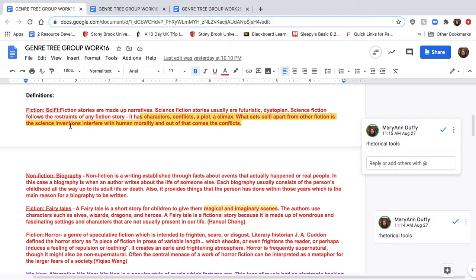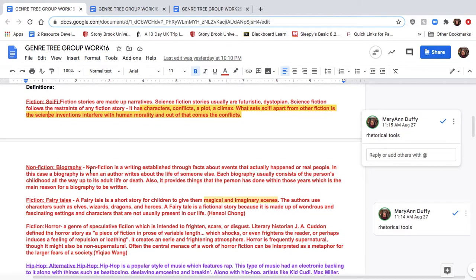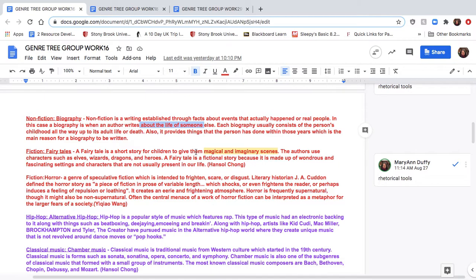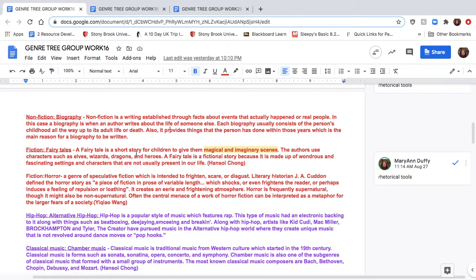So those are the ingredients or the rhetorical tools a fiction sci-fi writer has to use. In a nonfiction biography, the rhetorical tool is to describe the life of someone else in a way that makes it interesting. And some of those ways might be to use telling, detailed descriptions of that person's life.